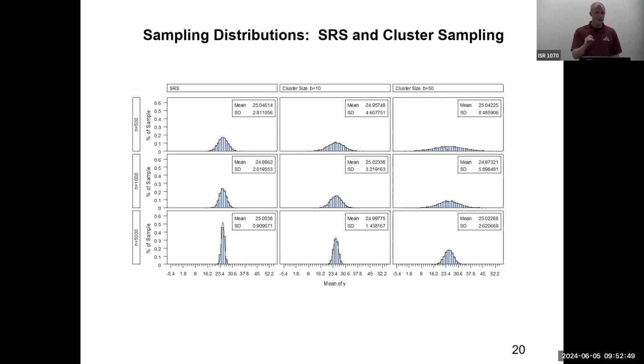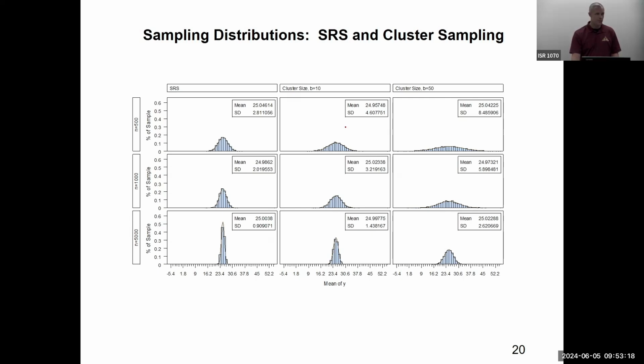That variance is being driven by how many clusters are being sampled. It's like our sample size in terms of the clusters drawn is going down. So the standard errors are getting even larger. Now we're up to 8.5 roughly in terms of that distribution. This widening of the sampling distribution, the increase in the standard error due to these cluster sampling designs, that's what we call the design effect.